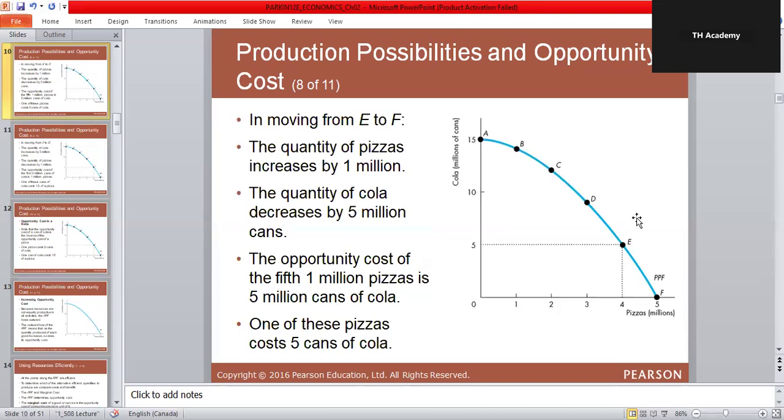So if we move from E to F, we produce 1 more million pizzas, but we lose 5 million cans of cola. That means the opportunity cost of 1 million pizzas is 5 million cans of cola. Or in simple words, to get one extra pizza, we have to give up 5 cans of cola. That's the trade-off.